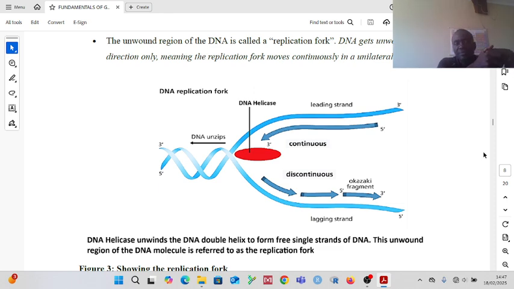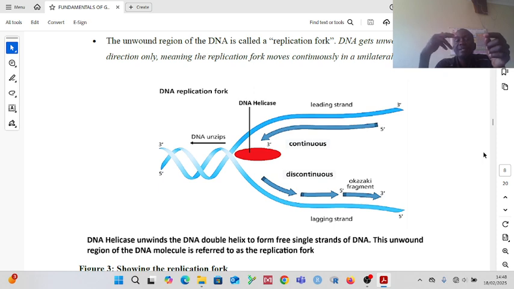Okay, so after that, we've now created two single strands. Initially, we had one double strand, but we've created two single strands with the help of the DNA helicase. How has the DNA helicase led to the creation of two single strands?